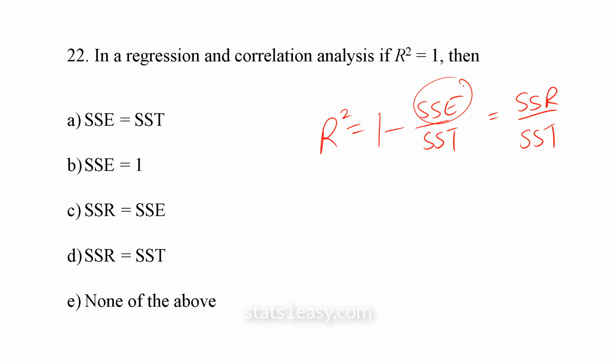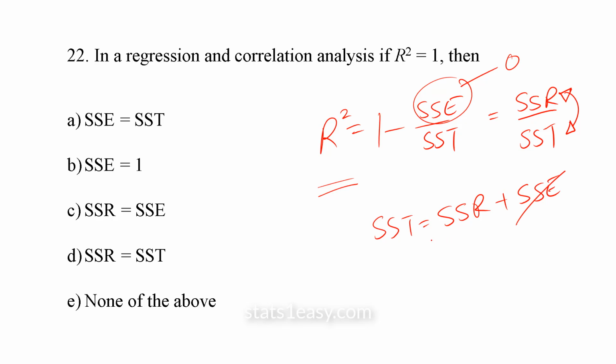So if SSE here equals 0, then r squared is 1. Or if SSR and SS total are the same. Now, SST equals SSR plus SSE. So if SSE is 0, then SST equals SSR. Or if SSR equals SST, R squared will be 1. So the answer there is D.